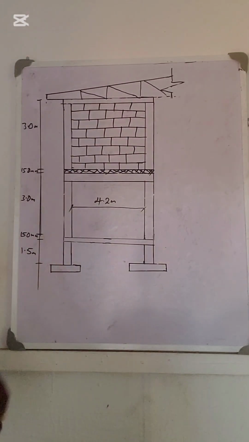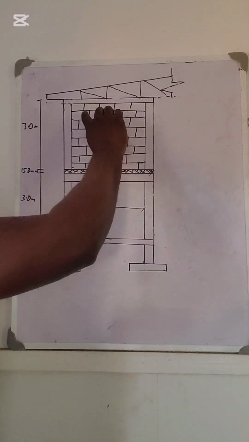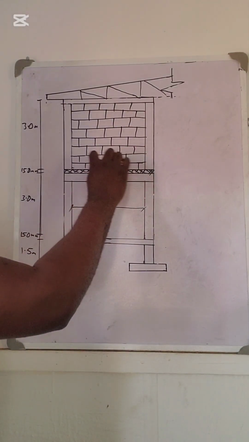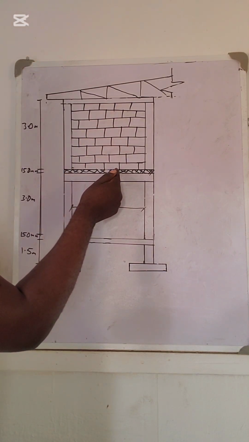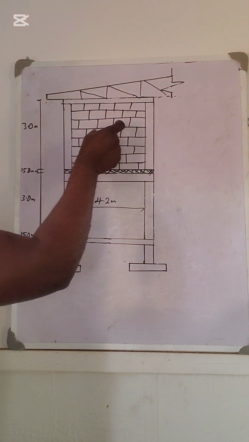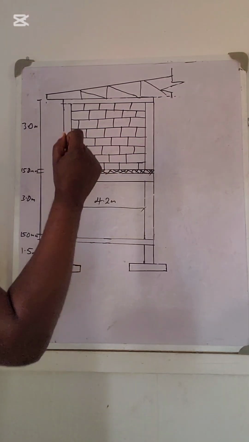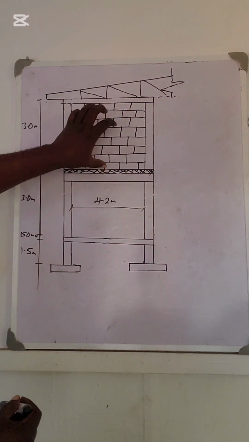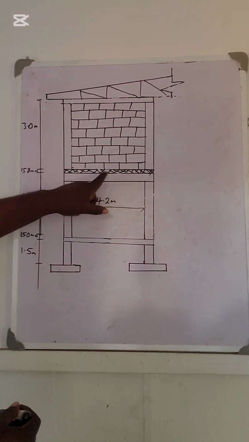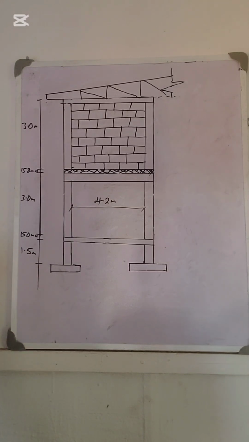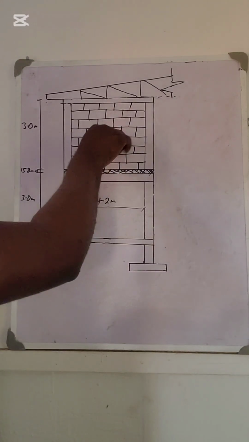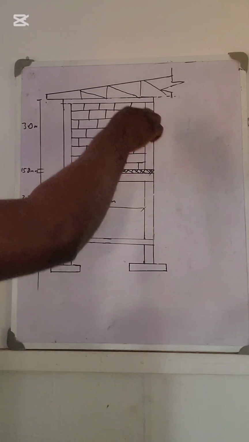Now, if you are talking about the first floor beam, we are going to be calculating the loads on the wall, then of the slab. We add this load and this load and this load together. So that will be the load that the beam will transmit to the column, then from the column to the foundation.